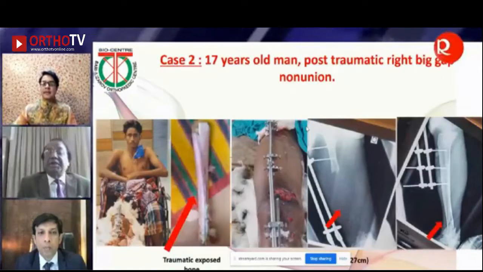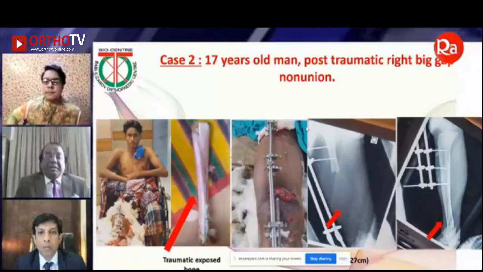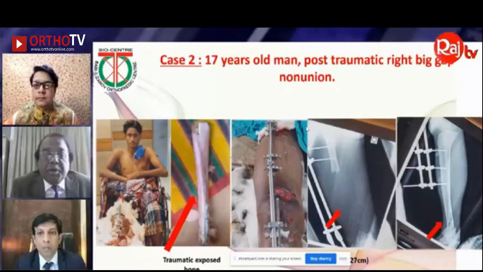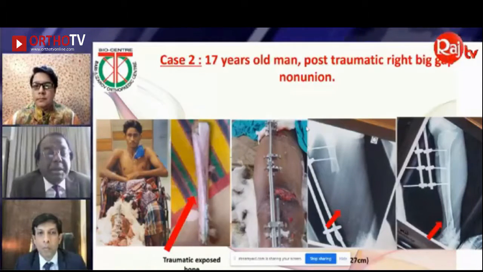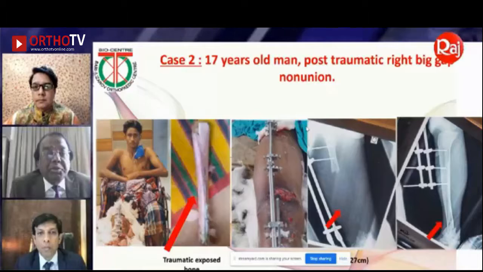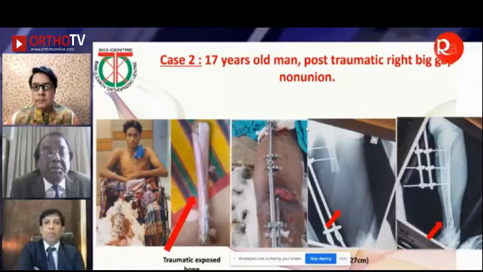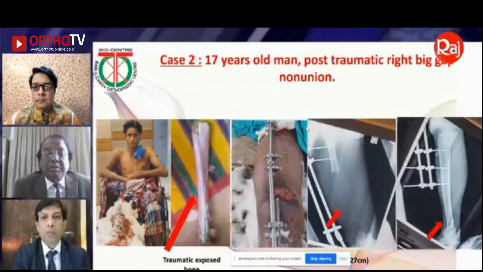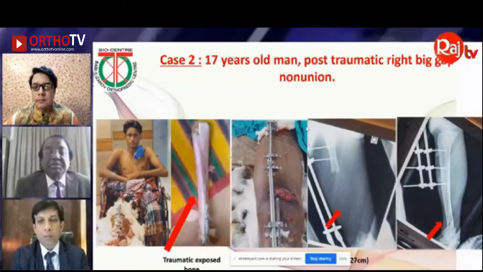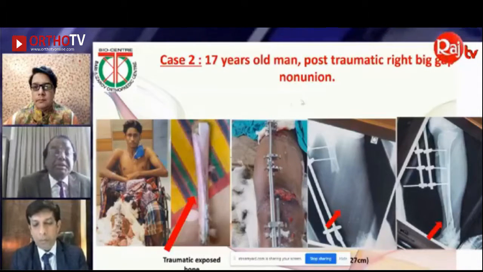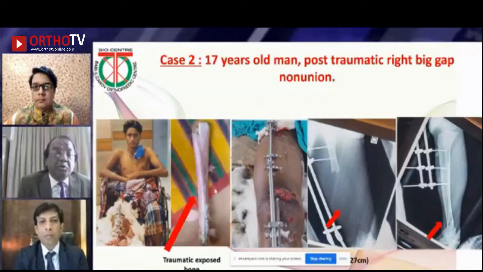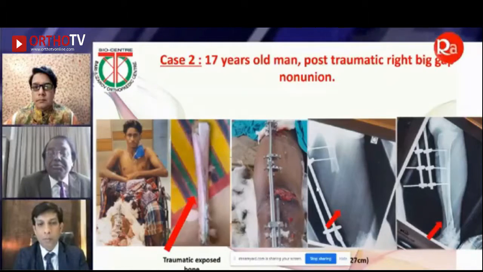I would like to share my experience that I showed you earlier. 70 years old boy, post-traumatic right gap non-union of the femur. That means day one, I told you, after 3 days, he came to me, look at this red mark. This is the whole big femur. So what to do?